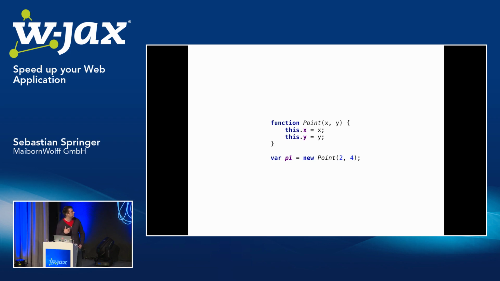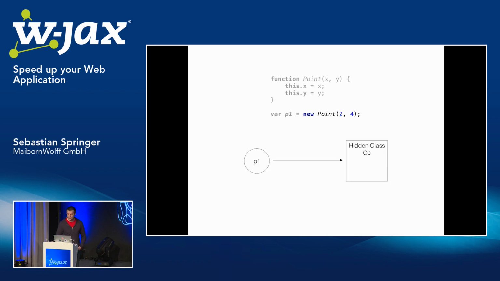So you have a constructor function, which is in my case this point function. And in this point function, in the constructor, you can access properties. And if you do so, the engine does some work for you. So we start in the constructing of a new point. The engine creates a new hidden class for this point object.